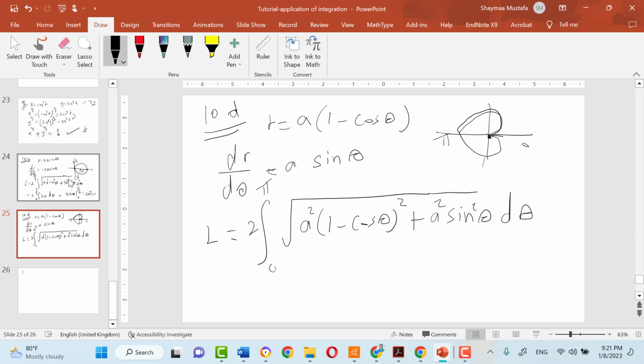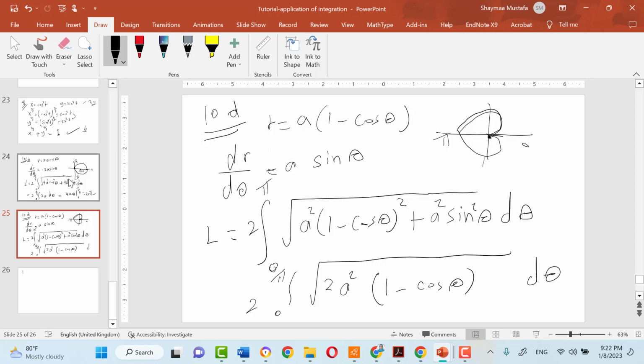Now this integration, after simplification you need to find from 0 to pi. If you evaluate the square here, you will get 2a square. After a simple calculation, you will get this one.